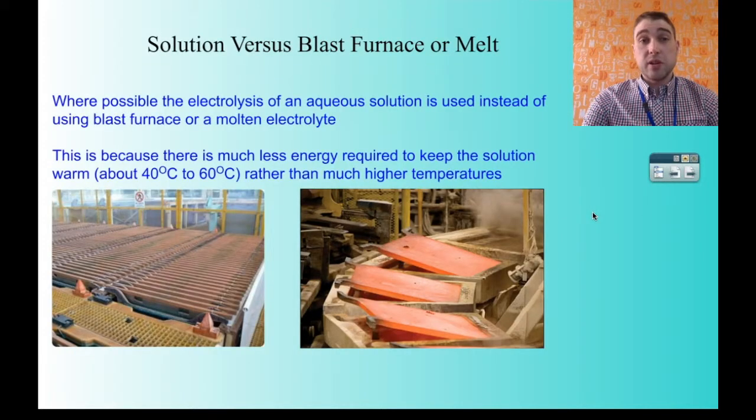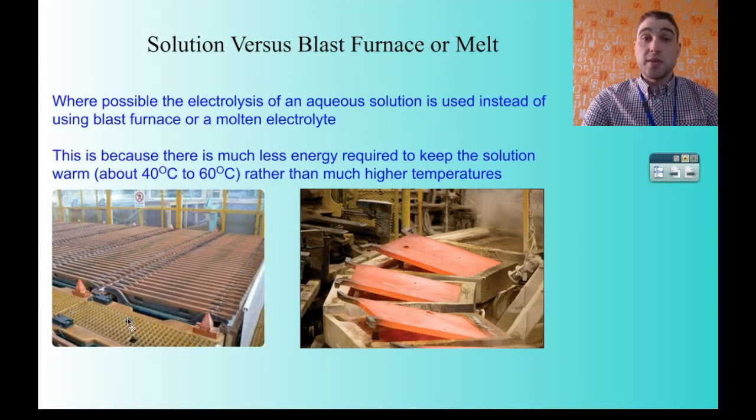One of the things you need to talk about is using a solution versus the blast furnace or a melt. If you can, you use an aqueous solution, because an aqueous solution is very cost effective. The solution that you have, and this is for copper production down here, is only kept at 40 to 60 degrees Celsius, so that doesn't require a lot of energy.